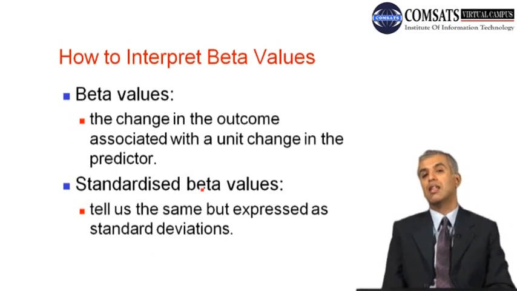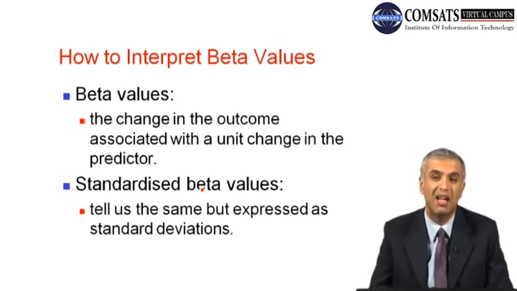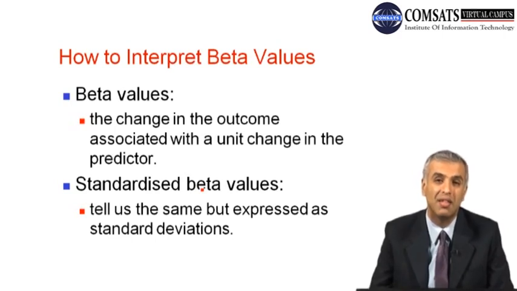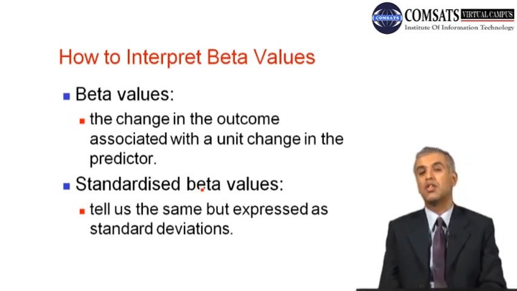So that's why the beta values of one variable cannot be compared with the beta value of another variable in the same equation, because there is a strong possibility that both the variables are measured in different units. So based on that we cannot assess which beta value is more significant than the other.